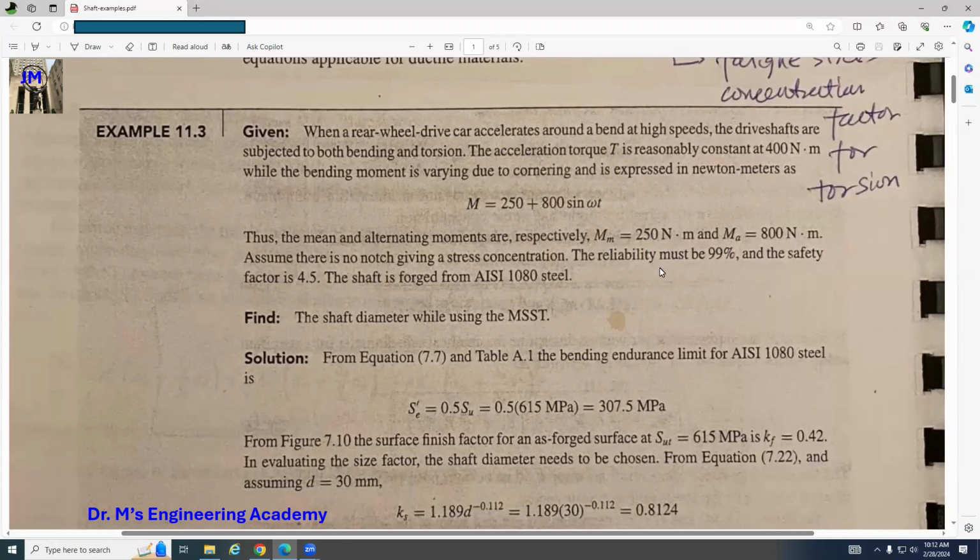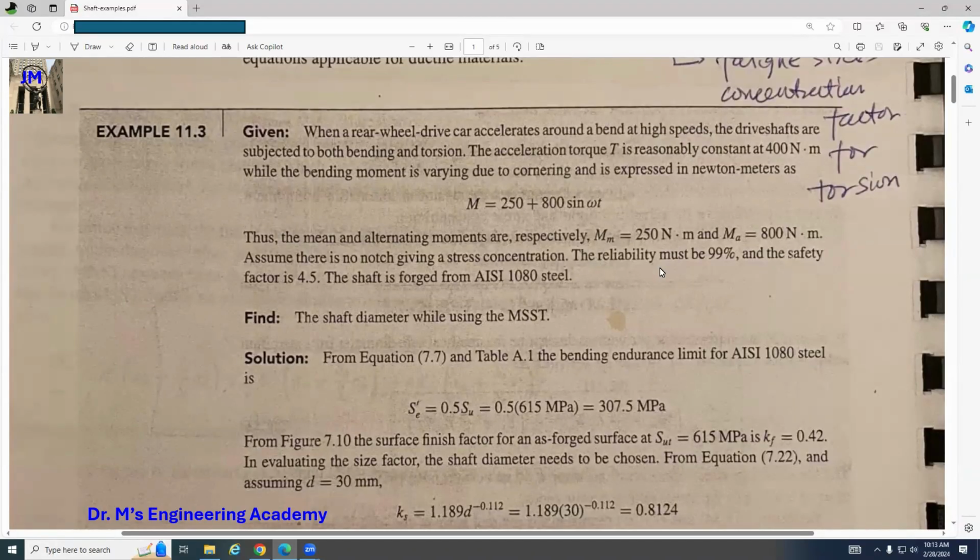Mm equals this. Still remember, Mm equals maximum plus minimum, and Ma equals maximum minus minimum. Right?